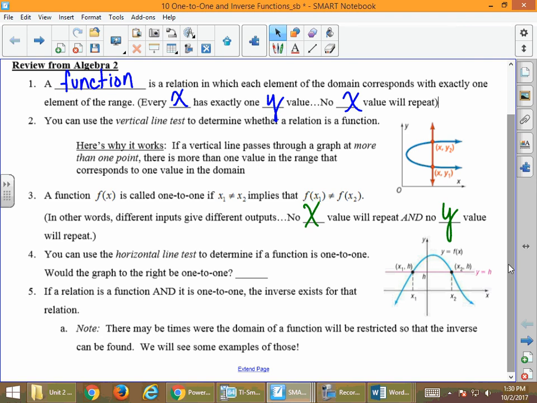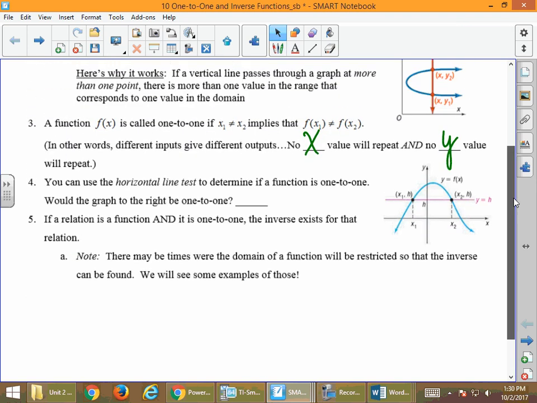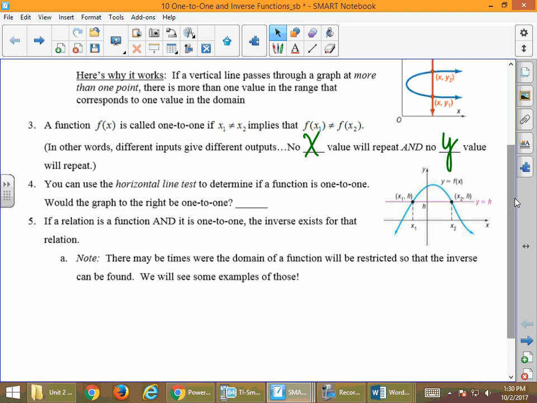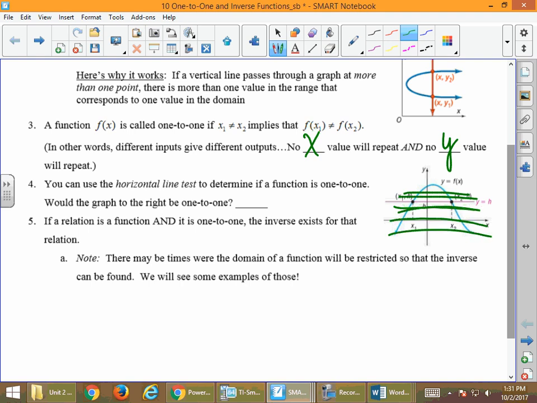When we have a picture, we can tell whether a function is going to be one-to-one by using the horizontal line test. And it works the same way that the vertical line test works. If ever, and again I'm going to erase this, but if ever any horizontal line touches the graph more than once, then our function is not one-to-one.